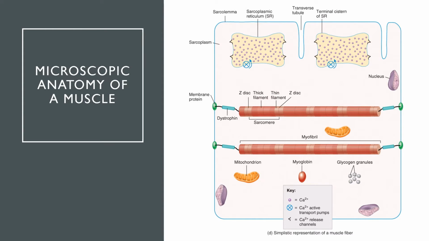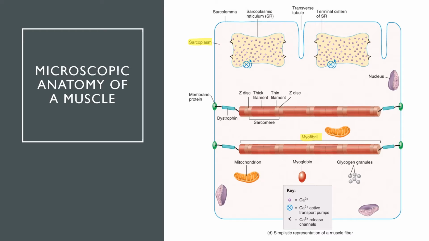Here we have really high magnification. We can see the sarcoplasm here appears to be stuffed with little threads. These little structures are called myofibrils, labeled here.